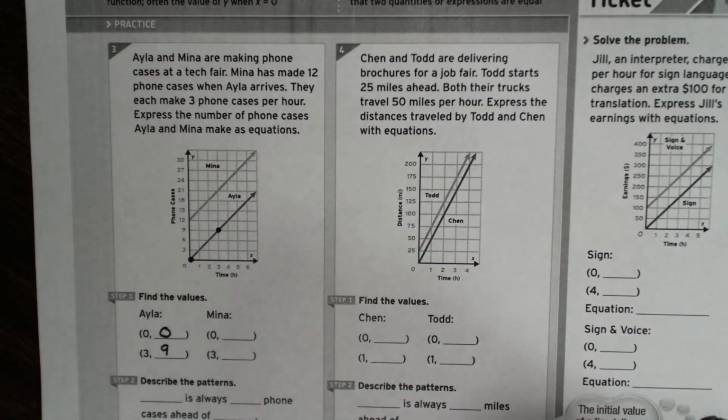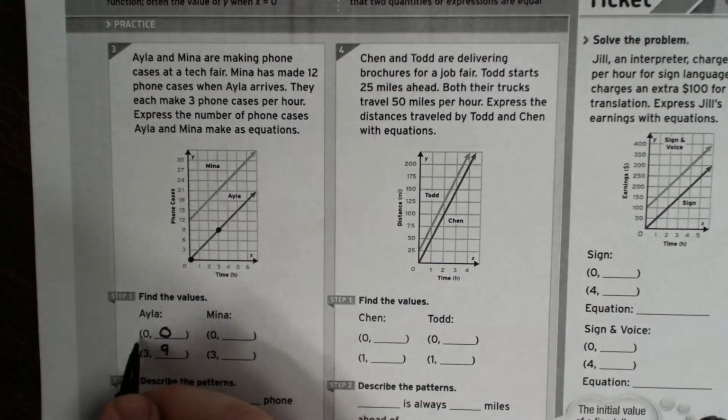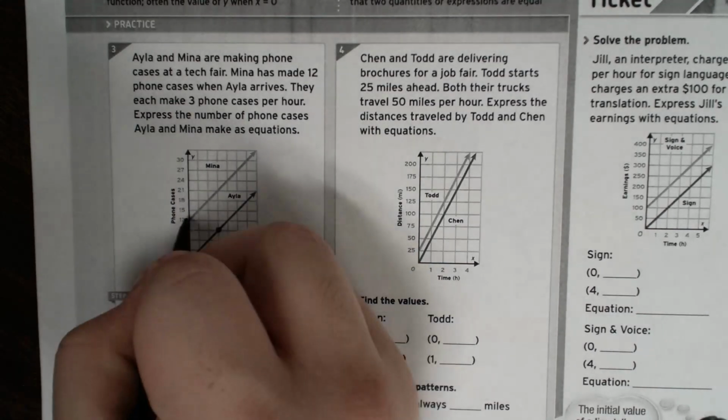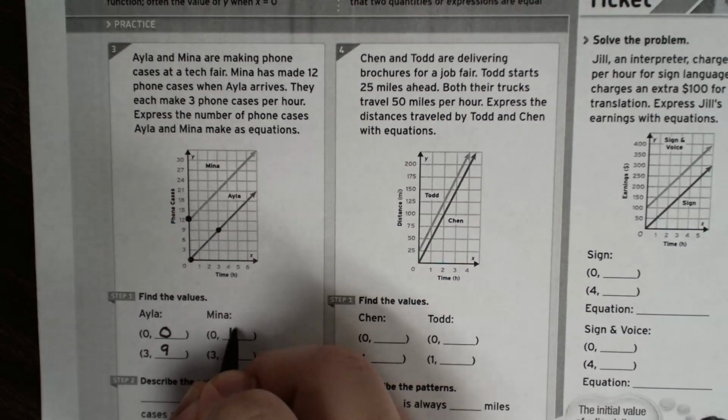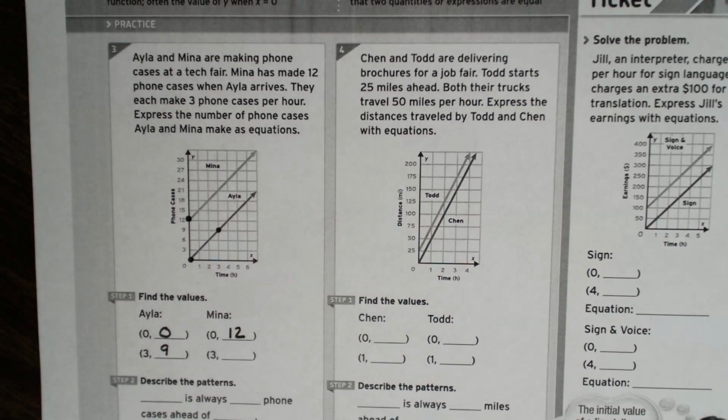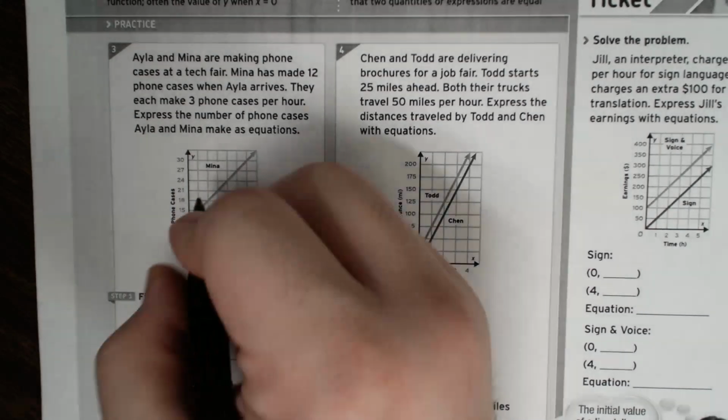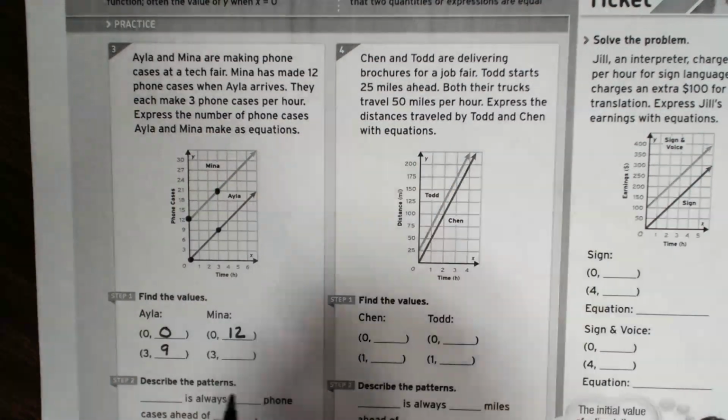Mina got there a little early, and so at the time that Ayla arrives, Mina has already made 12 cases. And at that 3-hour mark, Mina has 21 cases total.